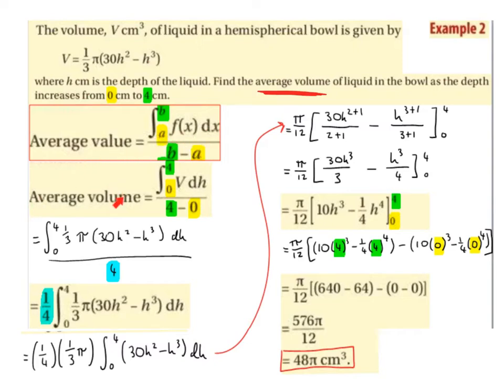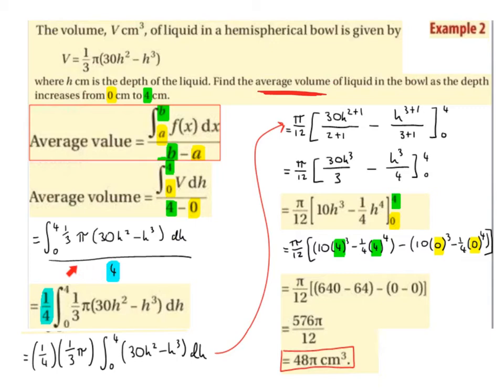So our average volume will be the integral of the volume with respect to h between the limits 4 and 0. We got that from the question, 4 and 0, divided by 4 minus 0. So our V function is a third pi times 30h squared minus h cubed with respect to h. We're going to integrate, and 4 minus 0 is 4.